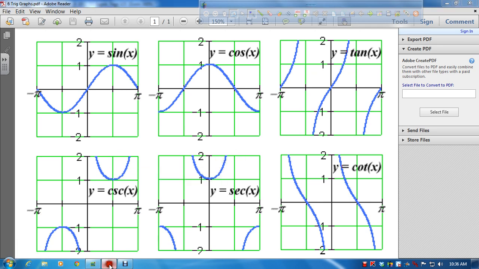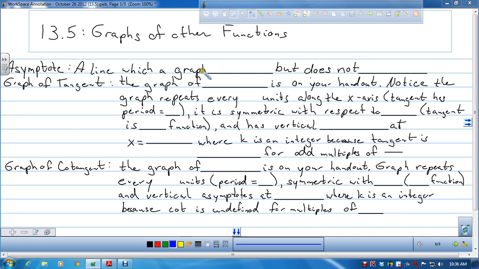And what those are are lines which a graph will approach, but will not intersect. So the graphs of these trig functions, the tangent and the reciprocal functions, will approach those lines, those asymptotes, but they will never cross them or touch them.